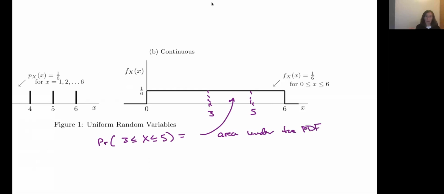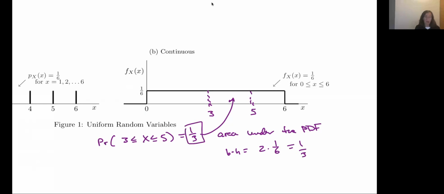And I can calculate that with geometry, right? It's a rectangle, so the area is base times height. The base of that rectangle is 5 minus 3, which is 2, and the height is 1/6, I'm asserting here. And that equals 1/3, and that is our probability.